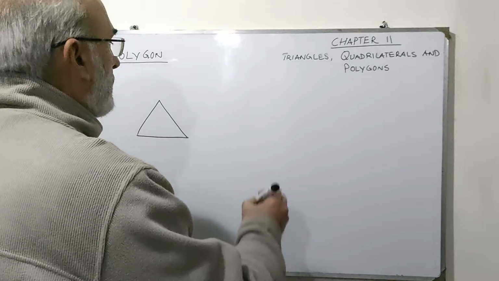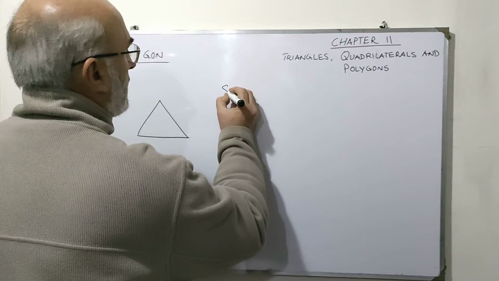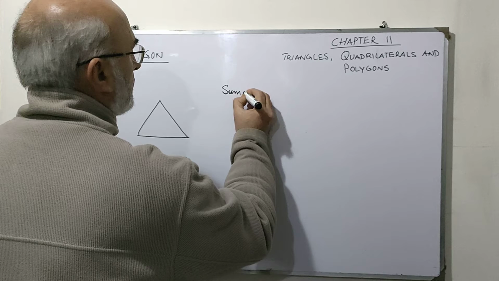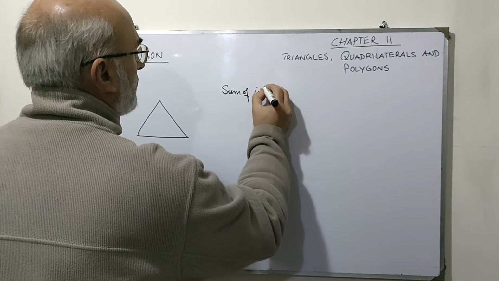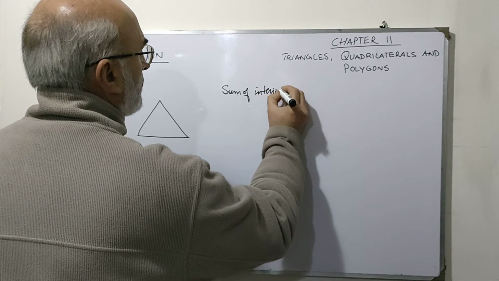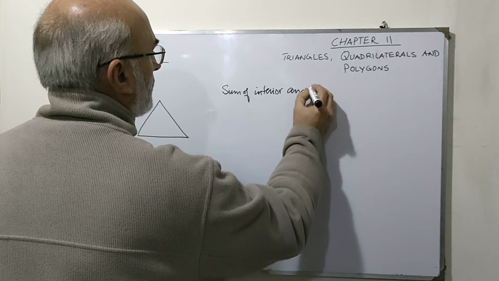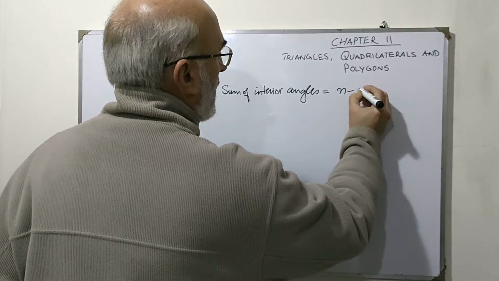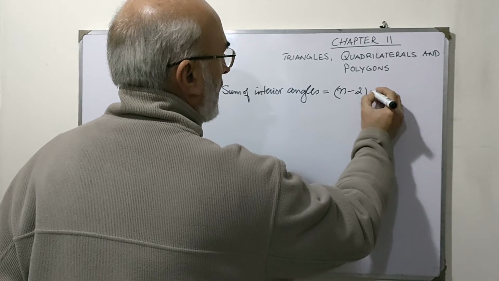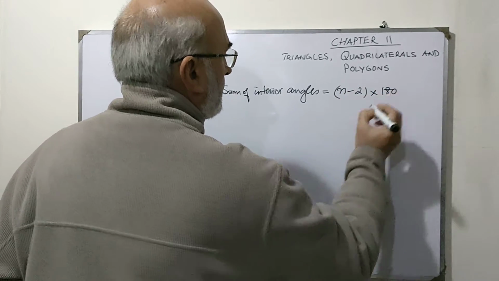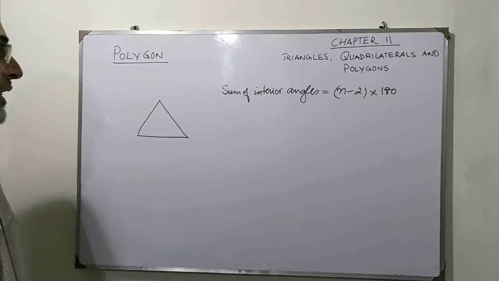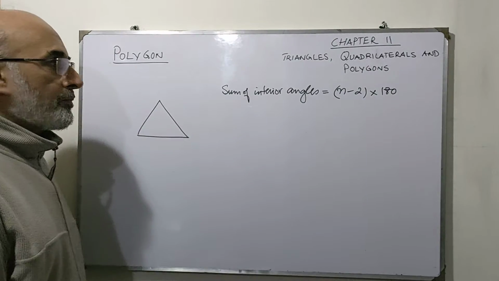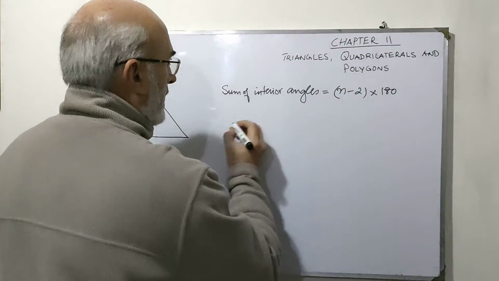So what formula are we going to use for the sum of interior angles? The formula is n minus 2 into 180. Now in case of a triangle, this n represents the number of sides.